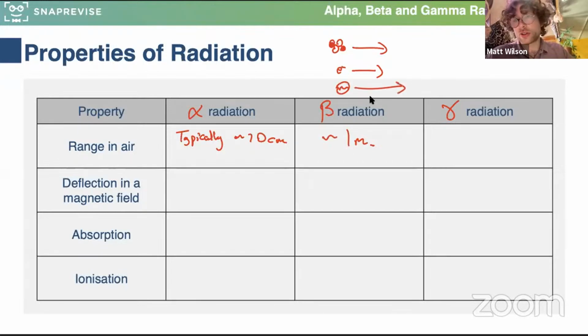And photons can travel super far. They're tiny things without bumping into anything. And so gamma radiation essentially has infinite range, which sounds scary, but its intensity follows what we call an inverse square law. So as you get further away from a gamma source, it is true that less and less of it will touch you.